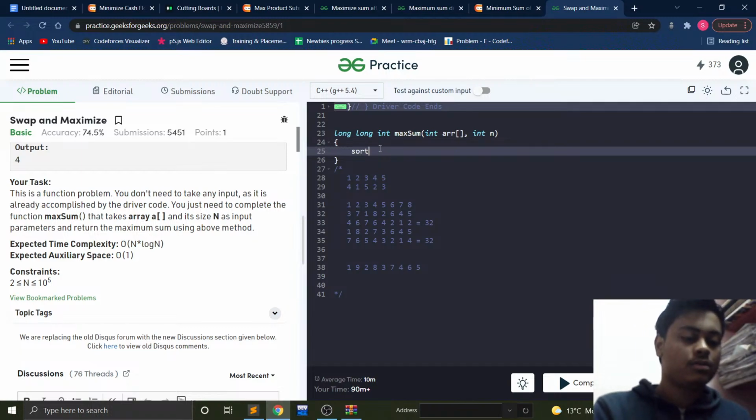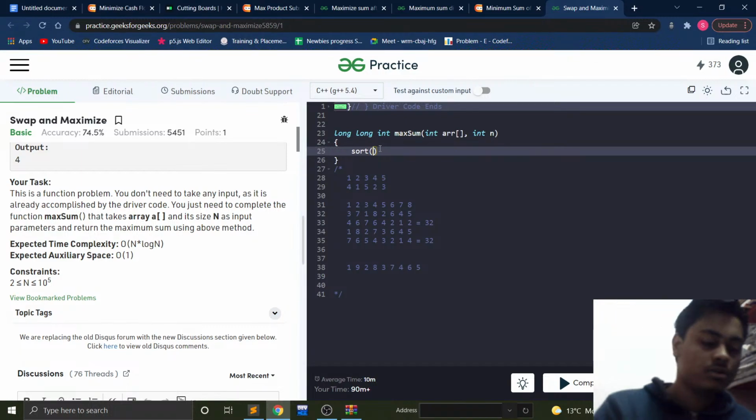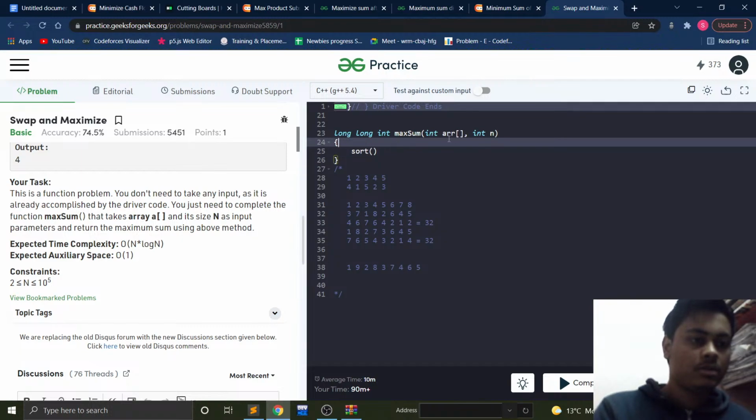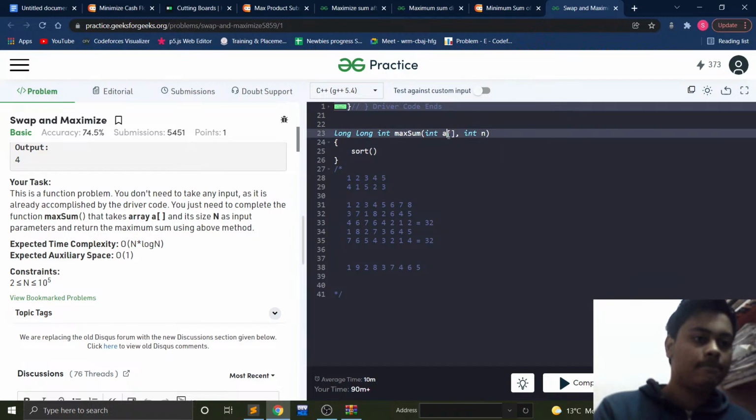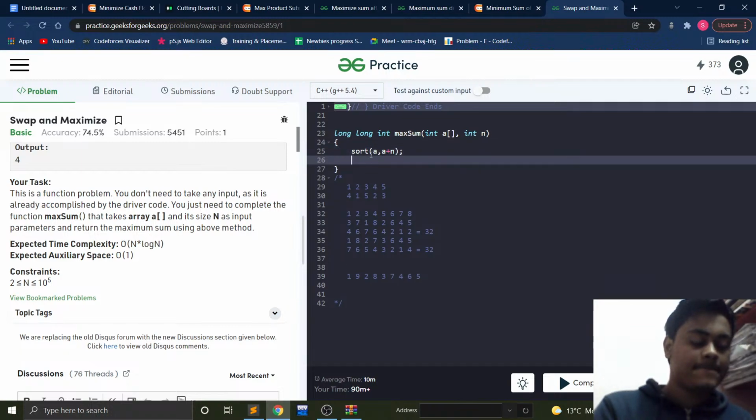Yep, I can just sort. Do I need to sort and then arrange, and yeah, all those things I have to do. Let me just call this A sorted.